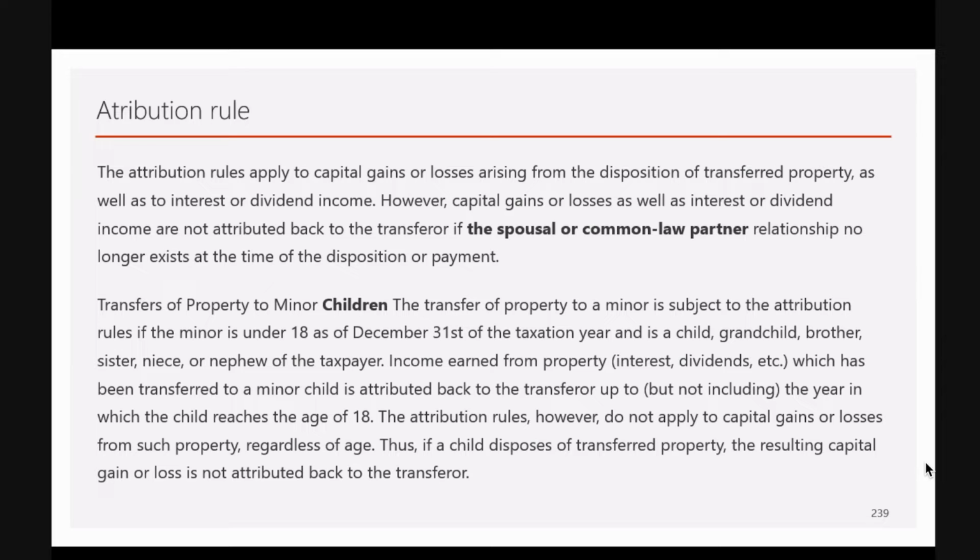You transfer funds, then you use these funds to do investment.